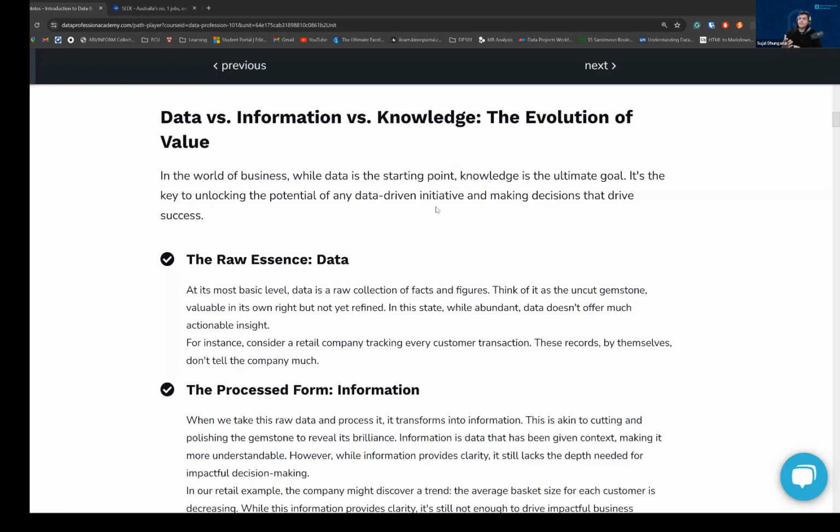And in itself, the data has no value. So your purchase history in itself doesn't benefit anyone. But when someone analyzes that purchase history, maybe that's you, analyzing your own purchase history, and you find out that there are some costs you can cut, now that becomes information, and that will be of value.